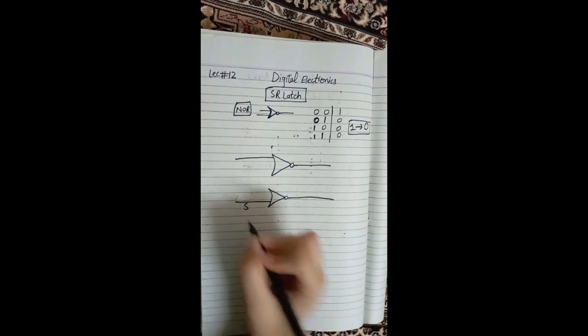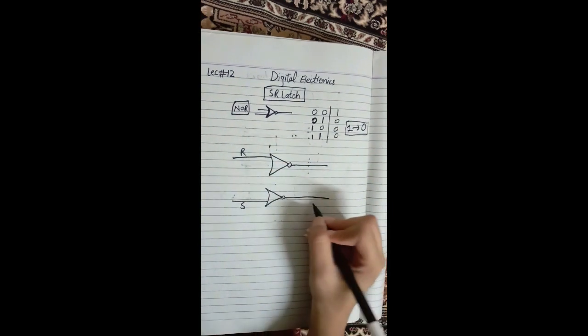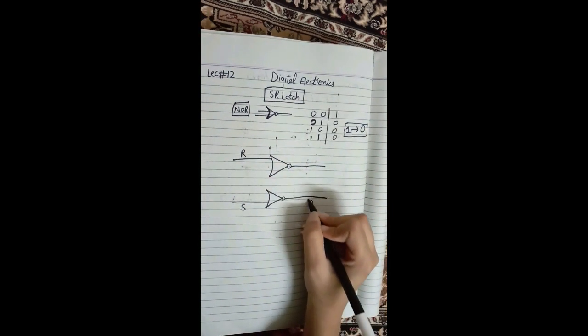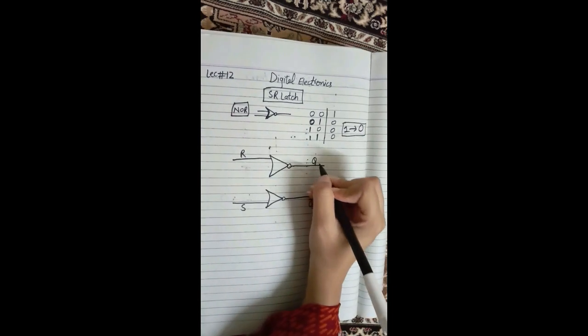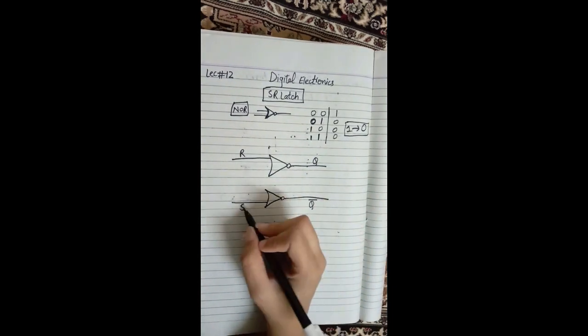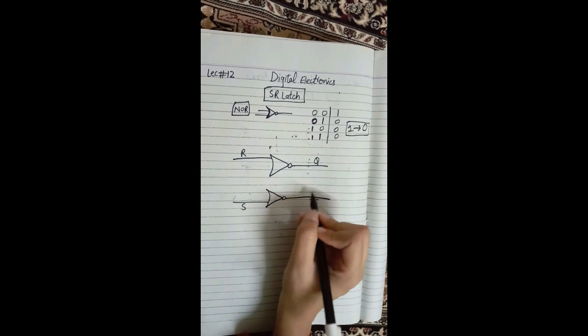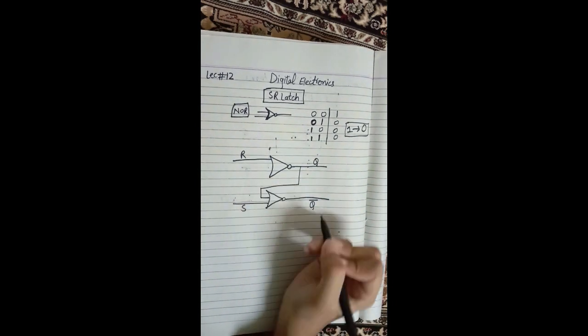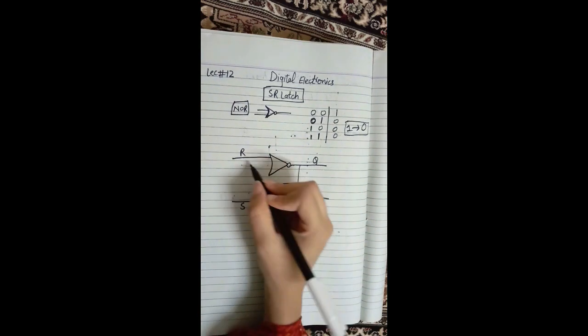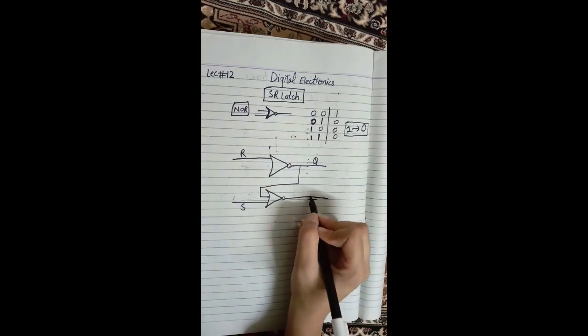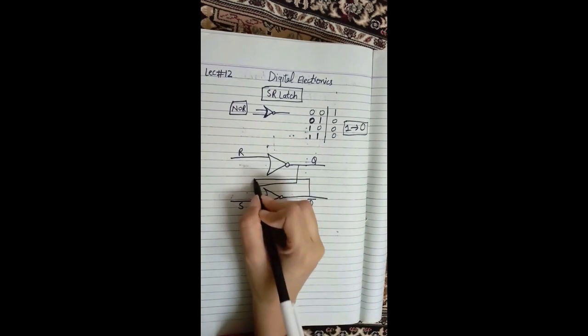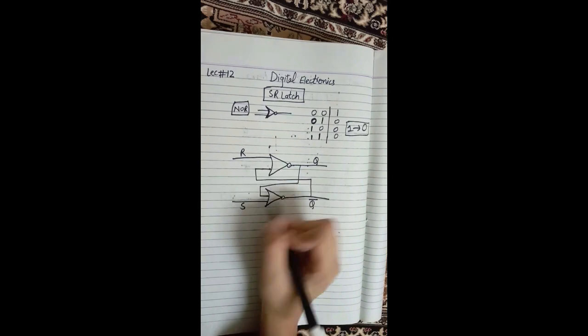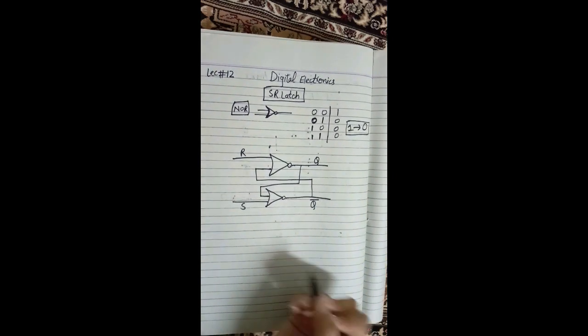This is S. This is R. The S gate output is Q bar and the R gate output is Q. One input is S and the other input is the output of the R gate, Q. And for the R gate, we have R as one input and the other is Q bar, the output of the S gate.